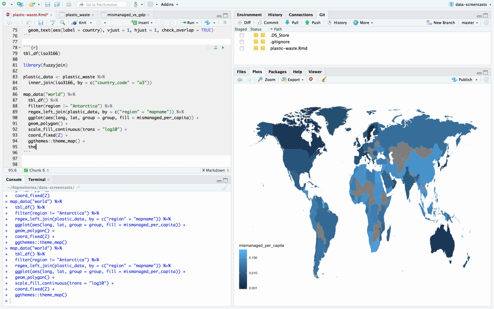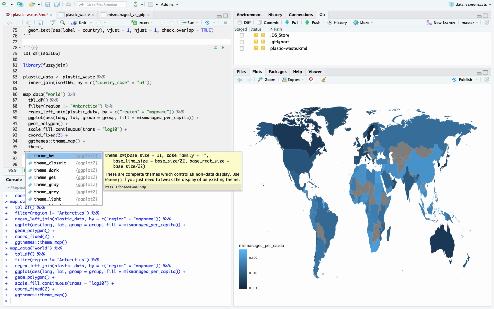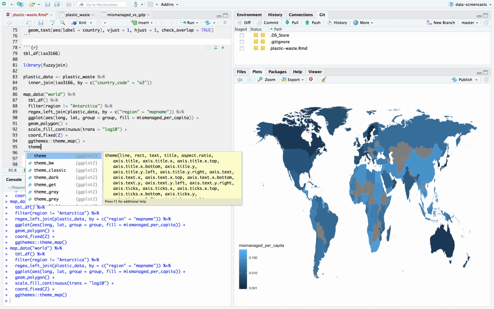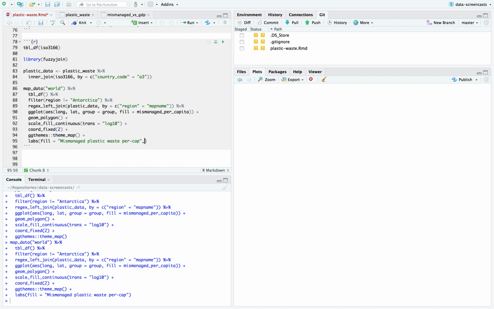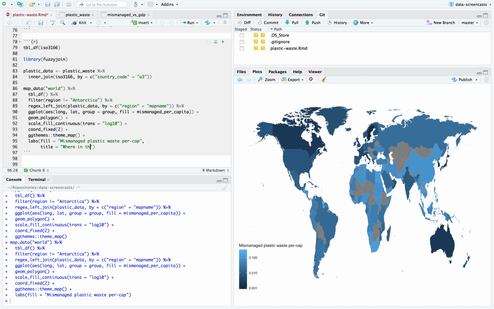So we see some real geographic trends here, which are even stronger than the GDP trends. We'll try labs, fill equals mismanaged plastic waste per capita, log otherwise, where the world is waste mismanaged.